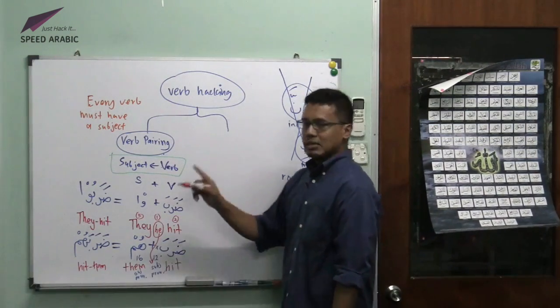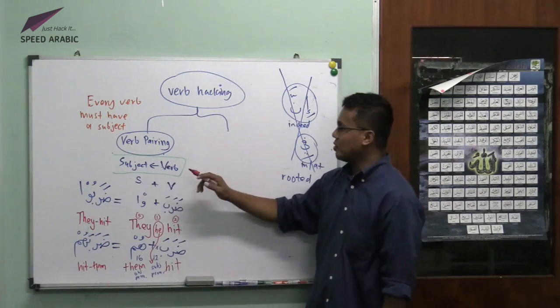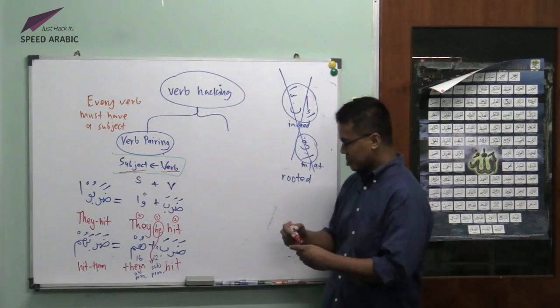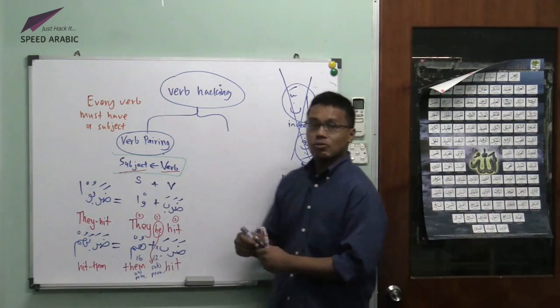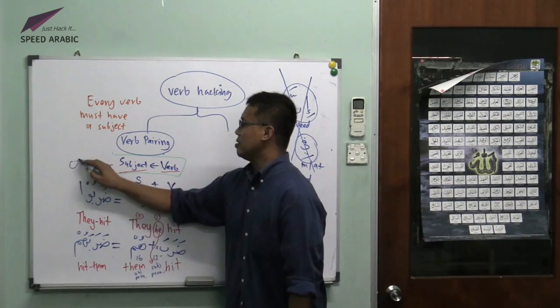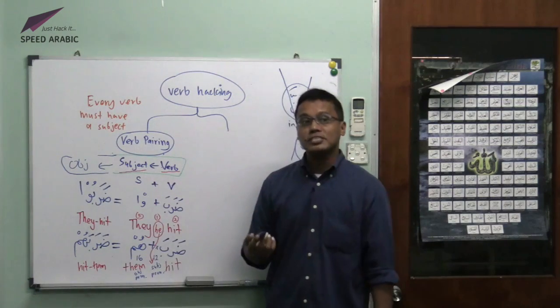Okay. So the verb always pairs up with a subject, but it can also include an object. How do you differentiate them?